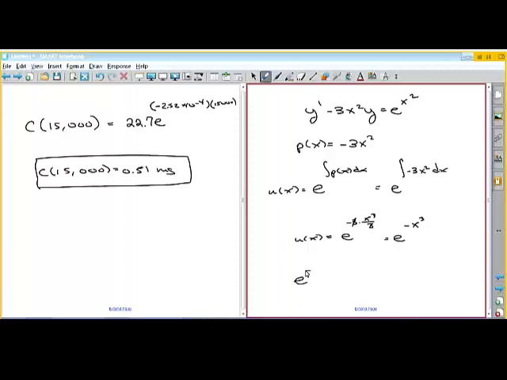Then you go back to the original differential equation, multiply the whole thing by the integrating factor. Oh, something's wrong here, because I can't solve the problem.